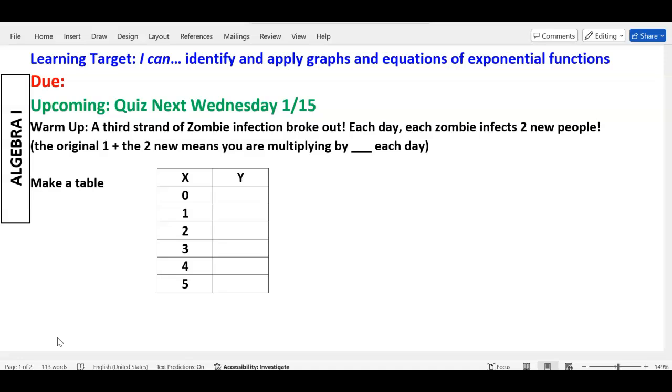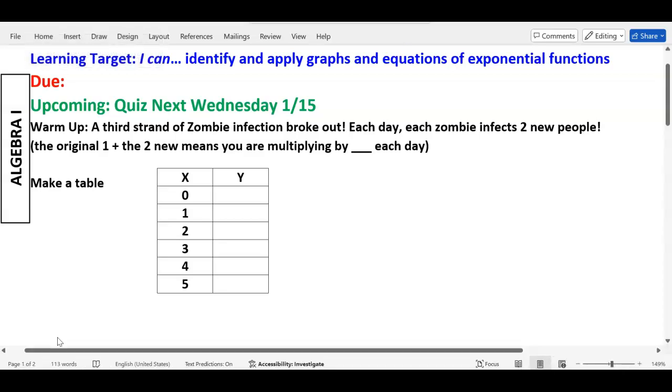Remember yesterday we had one strand of zombie outbreak, which was adding 3 each time. And we said that was linear. So when you add each time, that's a linear function. And then the second strand was a zombie infecting one more zombie each time, and we saw that was multiplying or doubling each time.